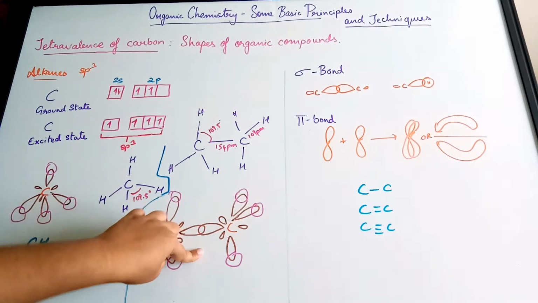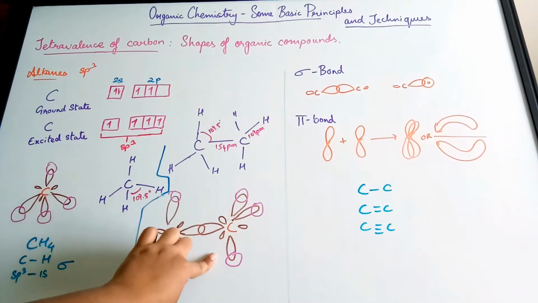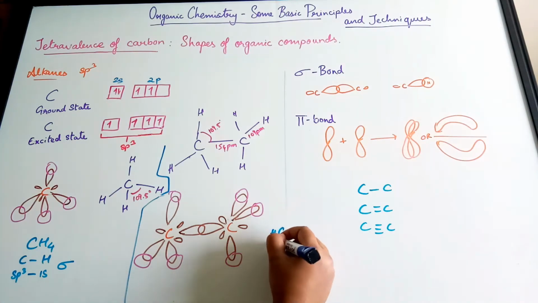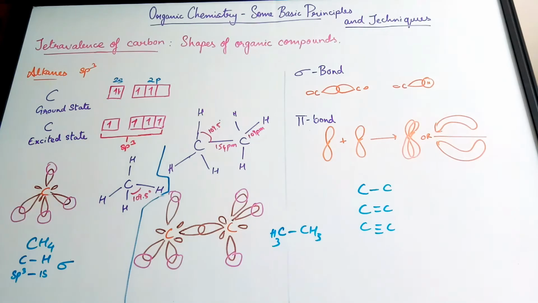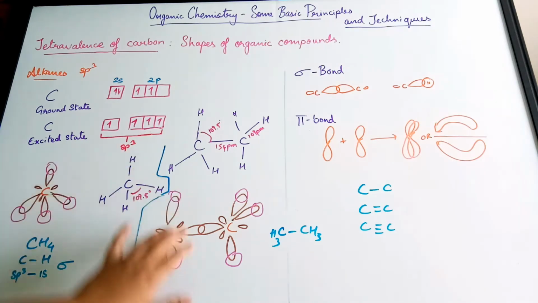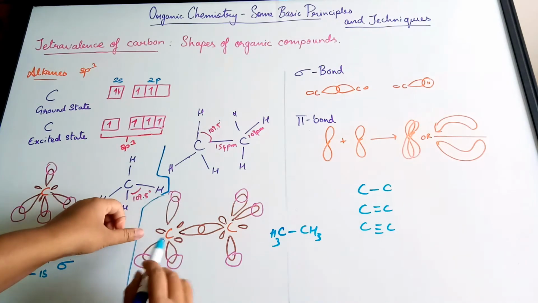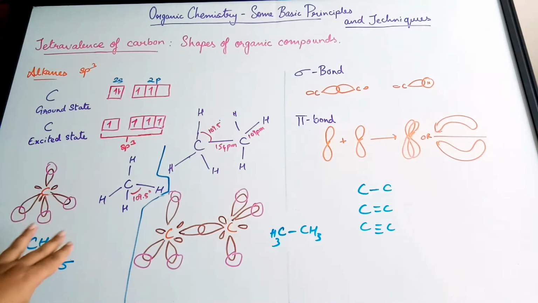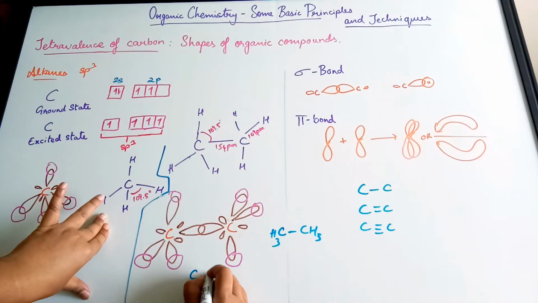Similarly, in this case also you have the formation of sigma bonds only, because this is ethane. We'll be discussing the nomenclature at a later point in this chapter. But in ethane, here you have 2 different kinds of combinations happening. First, you have the carbon-hydrogen bond.